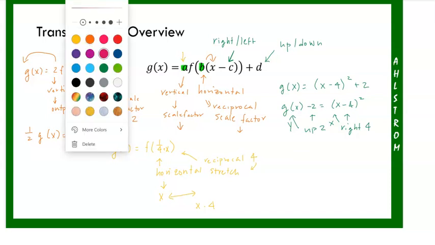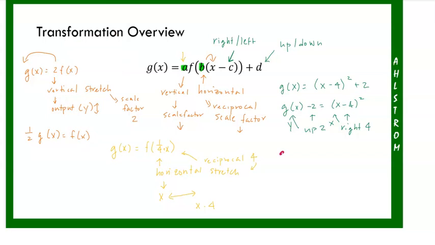Let's pick another color right here. If you make g of x equals a negative f of x, I could still move this to this side: negative 1 times g of x equals f of x. What are you doing? You are multiplying.